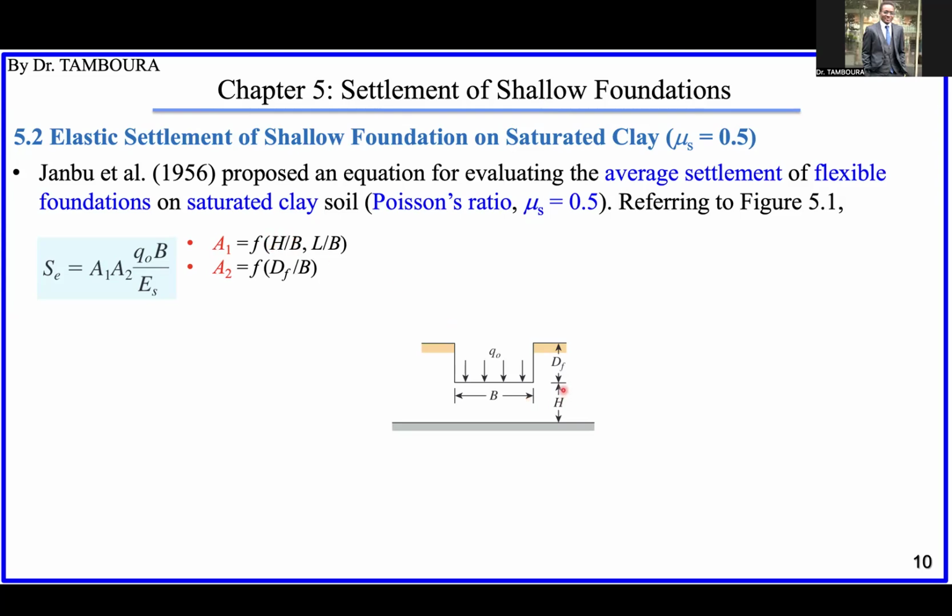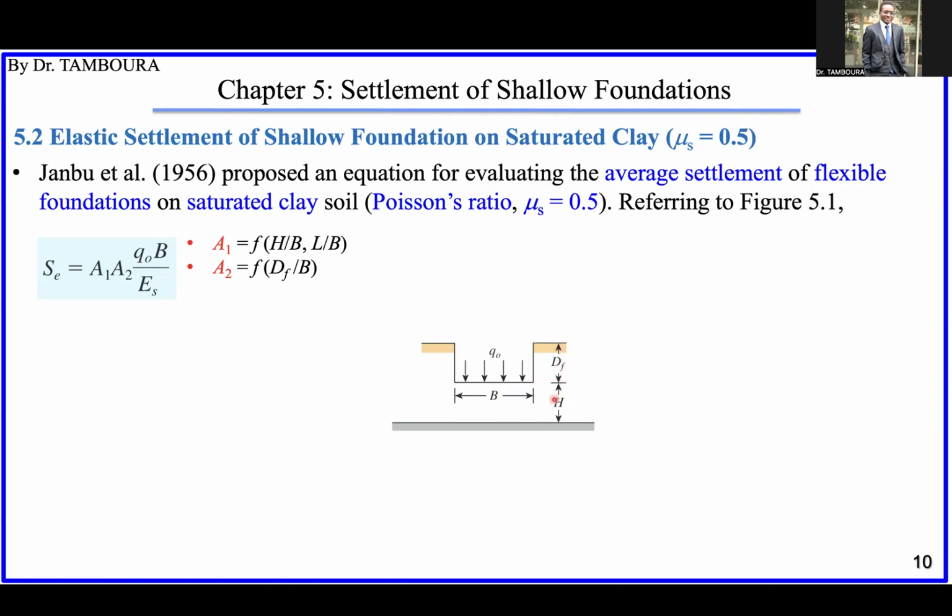H over B, H, you can see H here, and B is the dimension of the footing. The embedment ratio is Df over B.